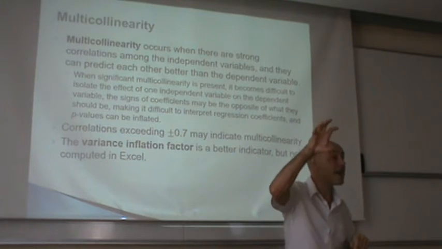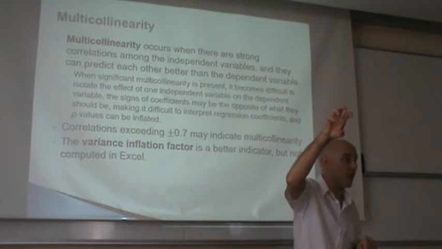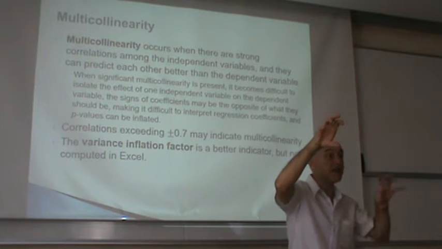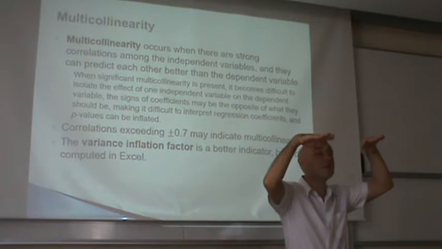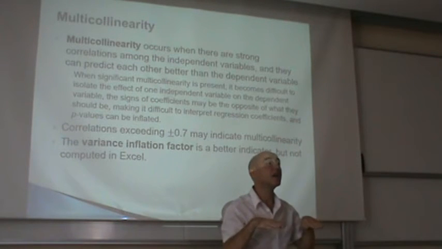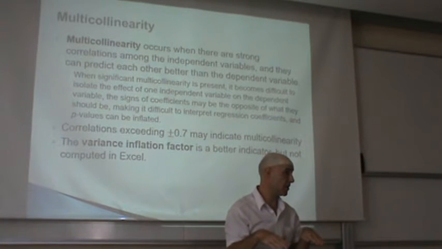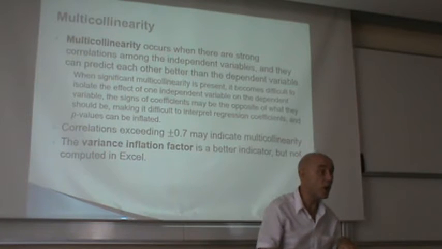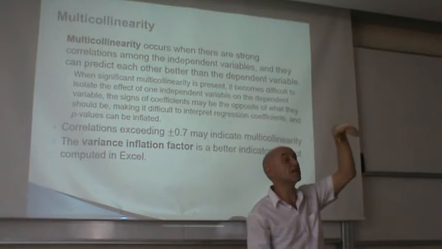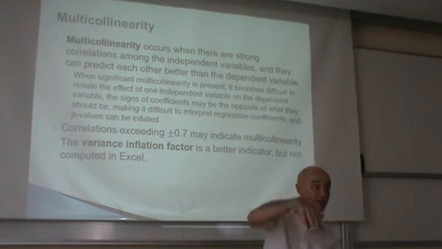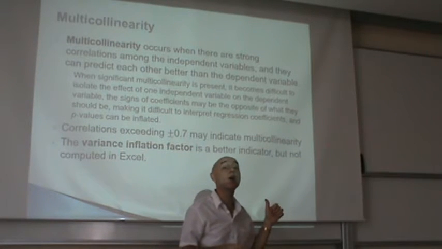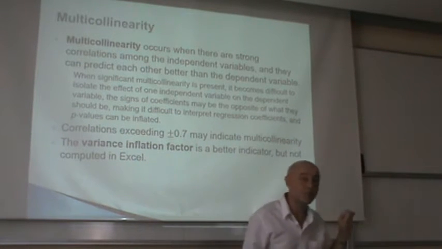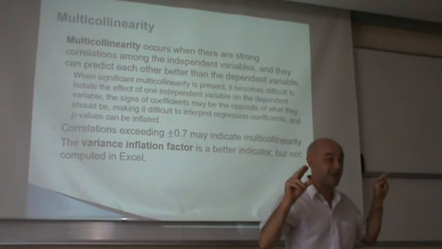You may have x2, very significant. But if x1 and x2 correlate, when you put them together, it turns out that both of them become insignificant. Okay? And you drop the one, the other one becomes significant. You drop the second one, the first one becomes insignificant. So that's multicollinearity.